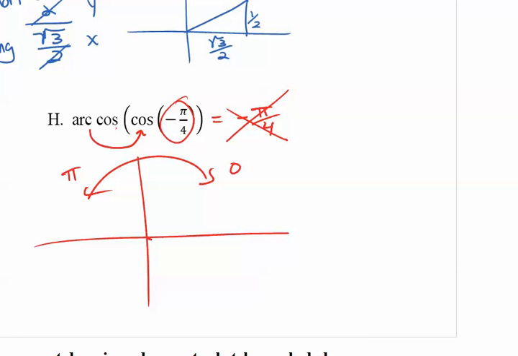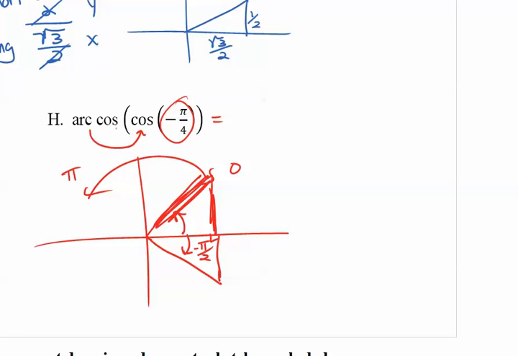And you can see our problem. -pi/4 is down here in the wrong quadrant. But we are doing an inverse cosine, so we want to say, well, isn't there another triangle that has the same cosine? And that is its reflection image right up here in quadrant 1. So instead of -pi/4, we do its reflection image and choose +pi/4.